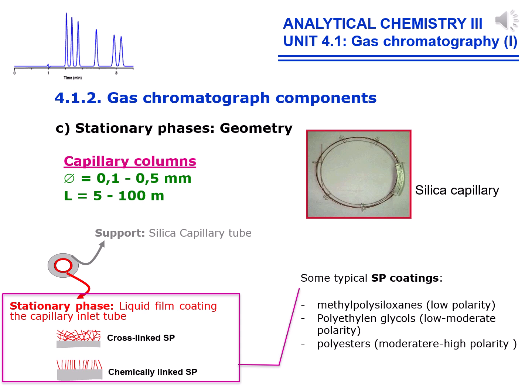Often, to minimize losses of liquid stationary phase by volatilization, cross-linked immobilization or chemically bound to the support strategies are applied for the liquid film stationary phase coating.